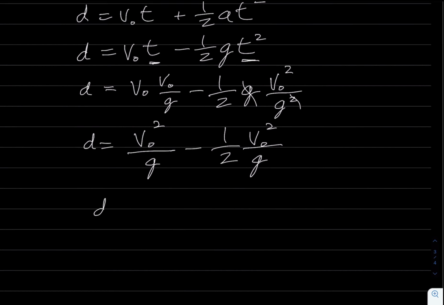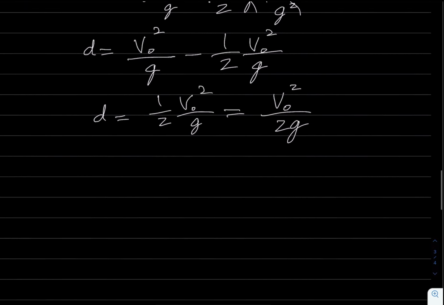And so d equals 1/2 of v sub naught squared over g, or you could say v sub naught squared over 2g. Okay? And that's the distance that the ball will travel before it stops. This is all 8th grade algebra.